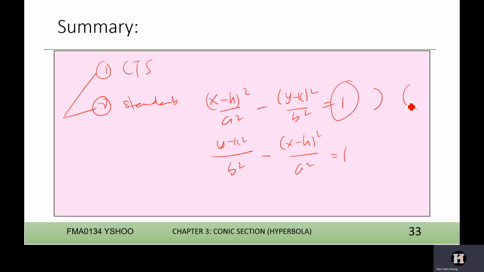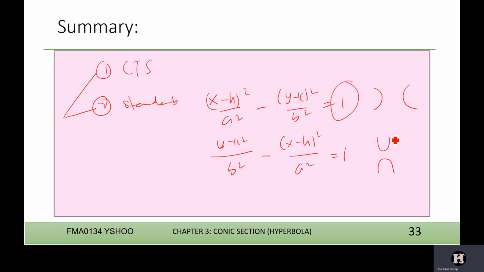Okay, so why is this one important? Because this one determines the shape, either the butterfly, opening left and right, which we can call horizontal, or the second one, which we say is vertical, like the smiling and the sad face.